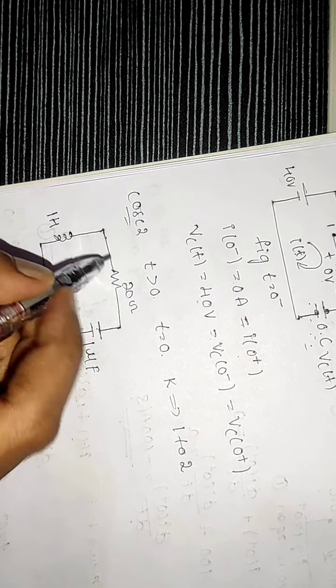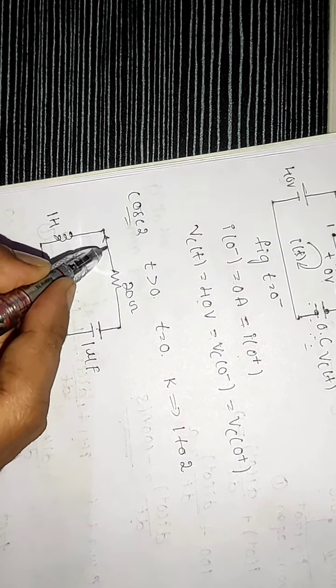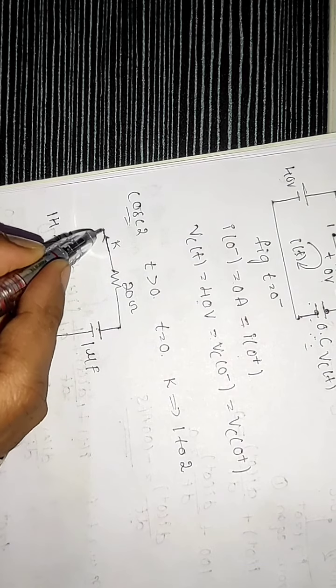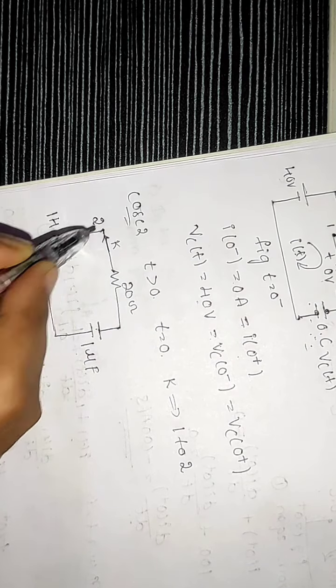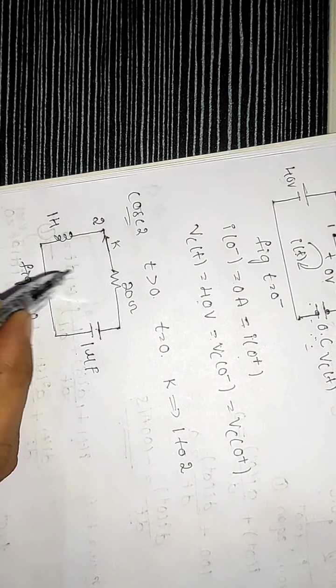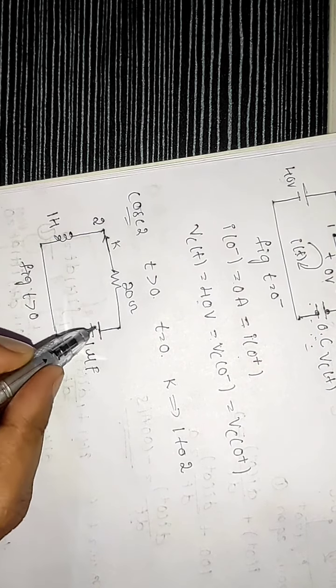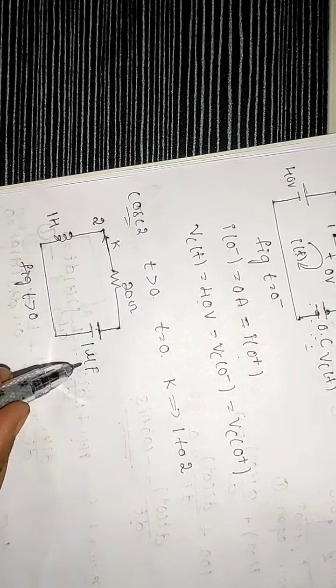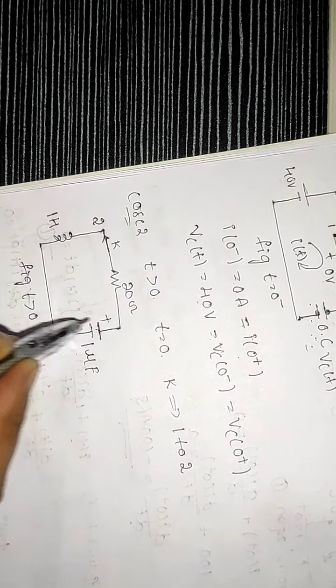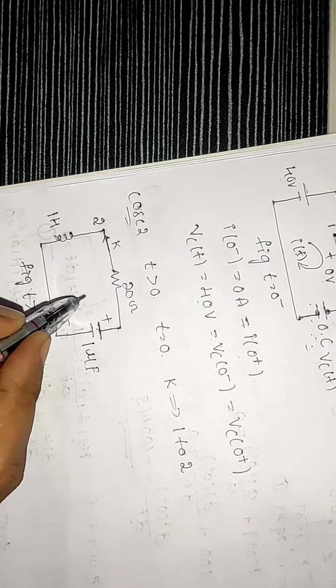Switch K is moved to position 2. This figure is for t greater than 0. Here, what is the voltage across the capacitor? That is 40 volt.